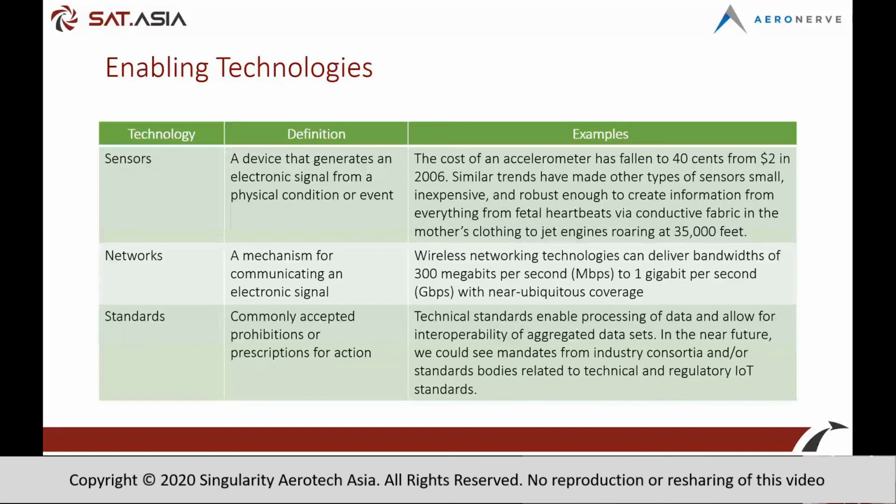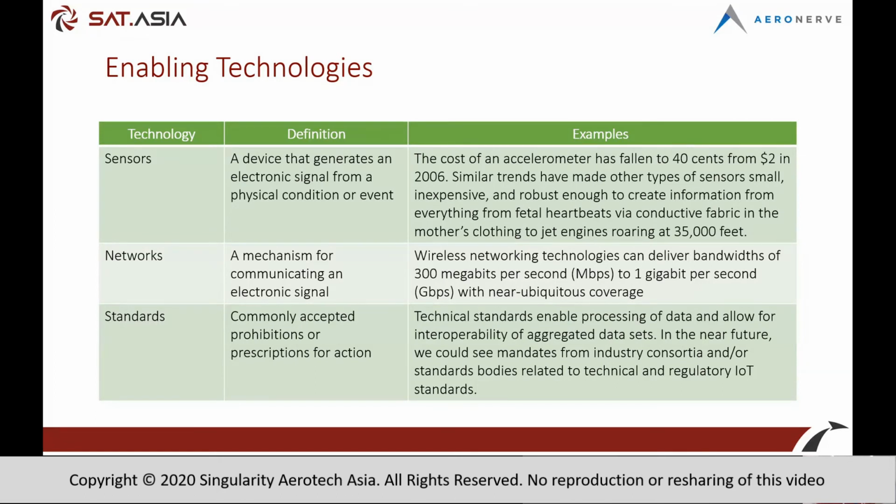Sensors, by definition, are devices that generate an electric signal from any physical state, condition, or event. I'll give you an example. The cost of an accelerometer has fallen to about 40 cents from $2 in 2006. Now every phone has an accelerometer.